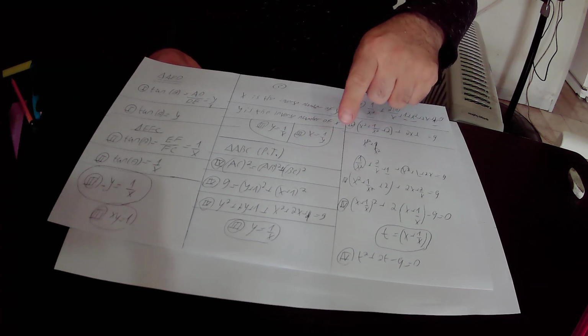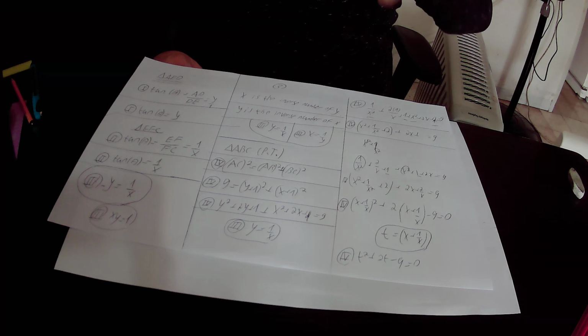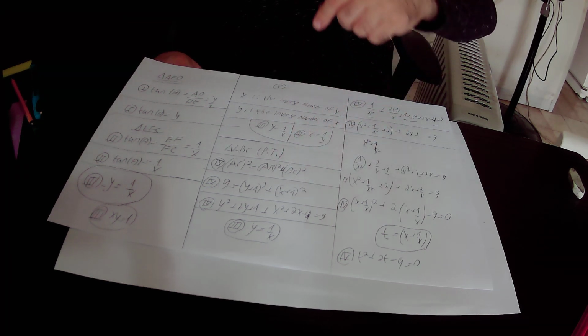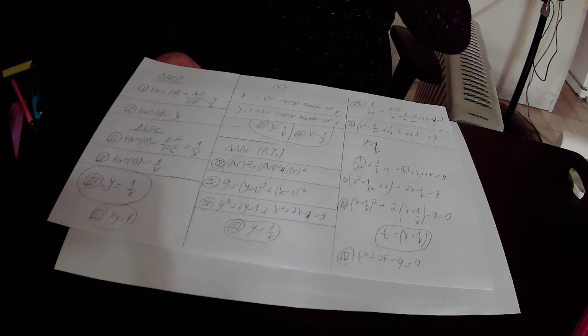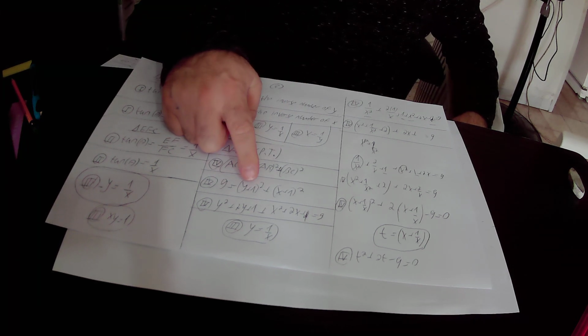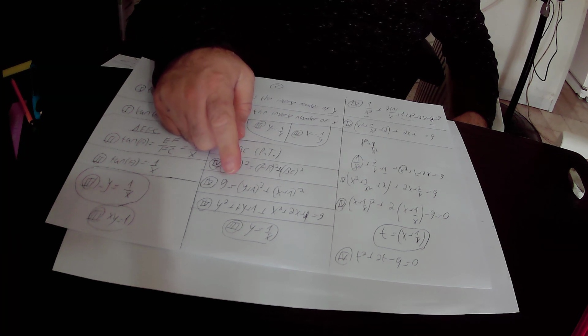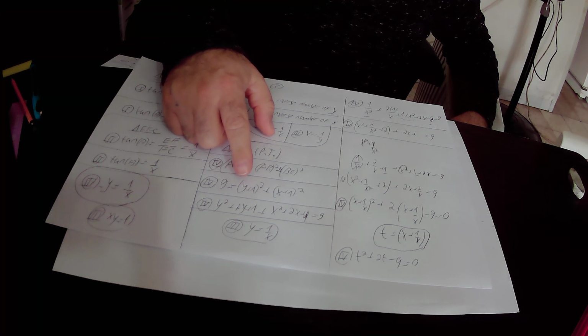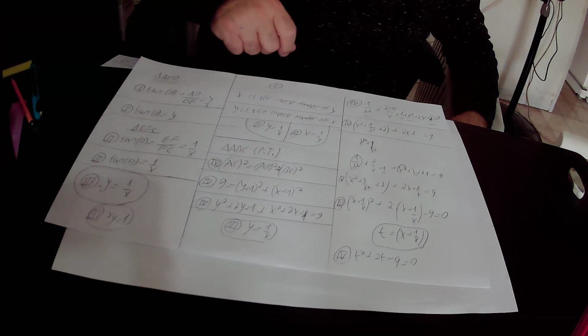So in conclusion, we found out that according to equation number 4, 9 equals (y plus 1) squared plus (x plus 1) squared. Here we open the brackets on this side of equation number 4, and we get that (y plus 1) squared is y squared plus 2y plus 1, plus (x plus 1) squared is x squared plus 2x plus 1, and that equals 9.